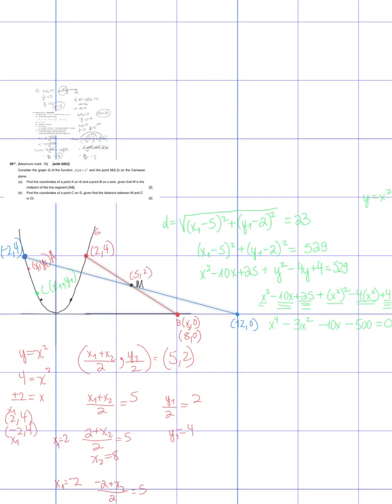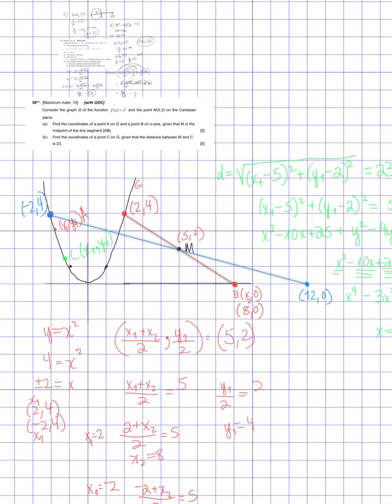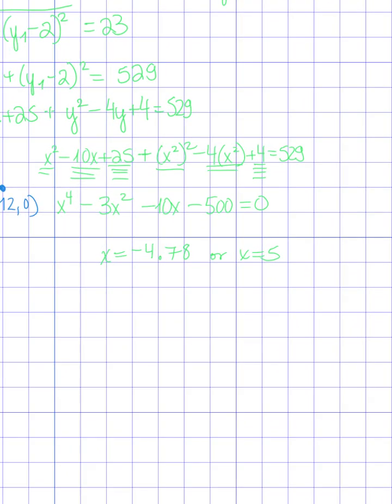You can use a graphing calculator, so I just used that menu 331 and changed it from degree 2 to degree 4. You can also graph it and find the x-intercepts, but you get that x is negative 4.78, or x equals 5. So that is what x equals, and we would just need to square each of those.